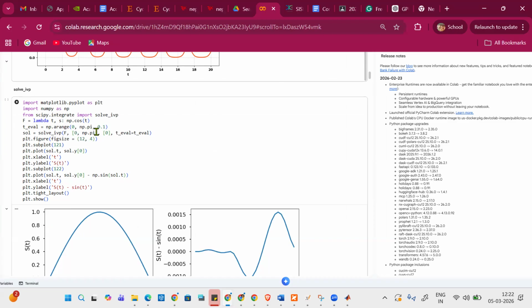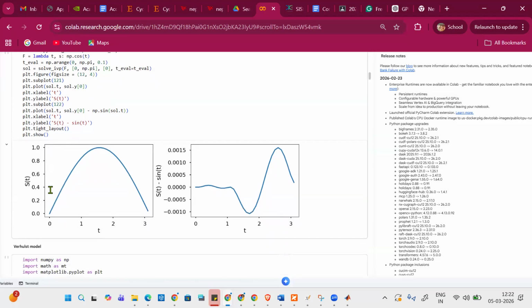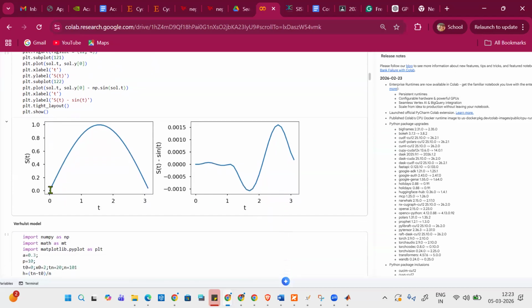And this is your evaluation grid, 0 to pi. And t_eval equal to t_eval, the array of independent values you are storing. And these are all plotting issues, I'm not going there. So this is the solution you are plotting here.